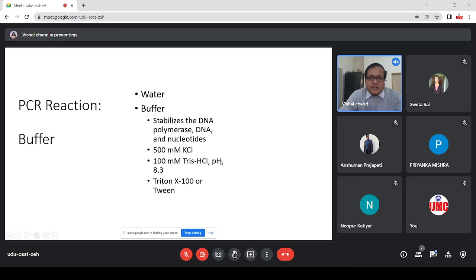Either we create it with KCl and Tris-HCl at pH up to 8.3, or we can also add Triton or Tween to the buffer. By these components we can prepare the buffer. It is KCl and Tris-HCl at pH 8.3, concentration 100 millimolar, and Triton or Tween is used in the buffer.